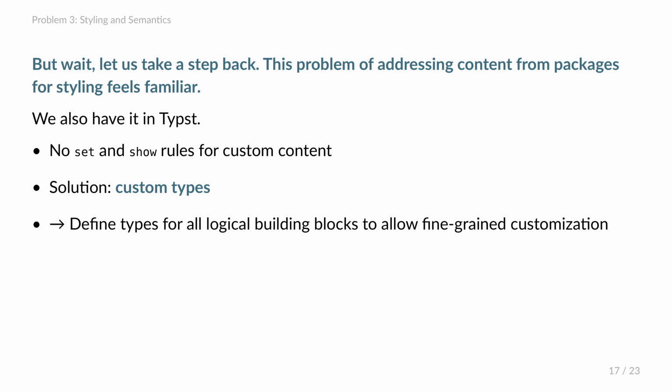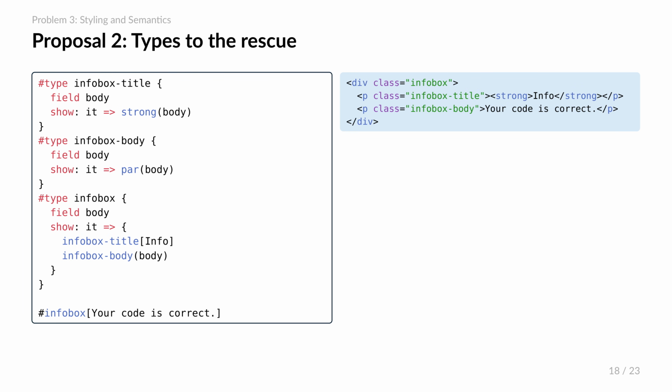And what I believe is that this could be a very good solution also for the HTML export. So just define a type for each logical building block, like that. We have, for example, the type info box, an info box body type and a title type. Now you can use set and show rules to individually tune how this is displayed in the end.